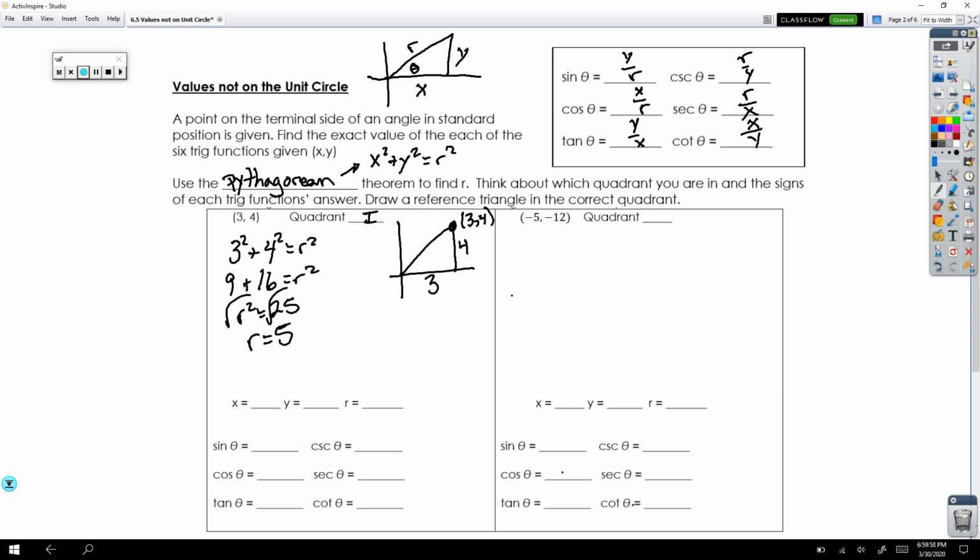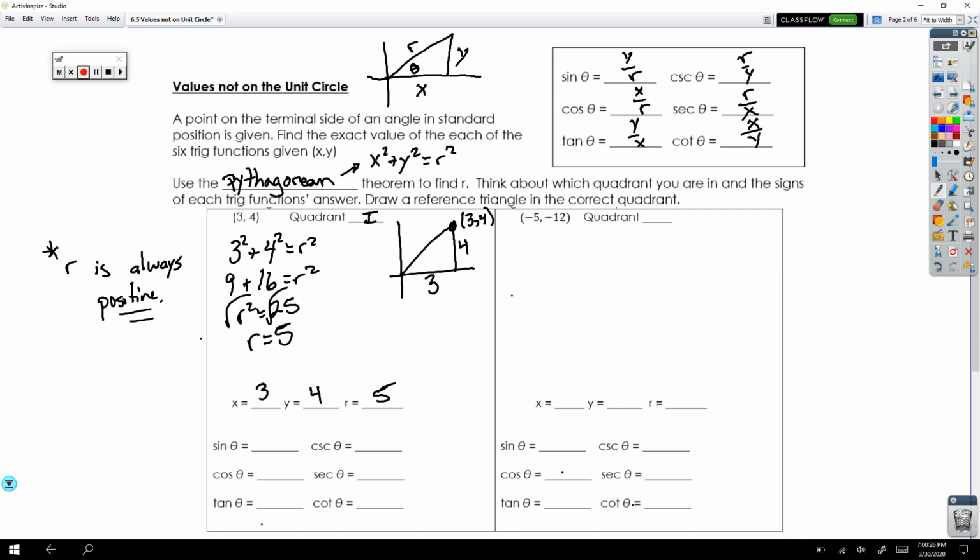Now, generally this would be plus or minus 5, and then we'd have to identify the sign, but our hypotenuse, or our r value, is always, always, always positive. So that might be a note you want to make. r is always positive, no matter what. So we have x equaling 3, y equaling 4, and r equaling 5.